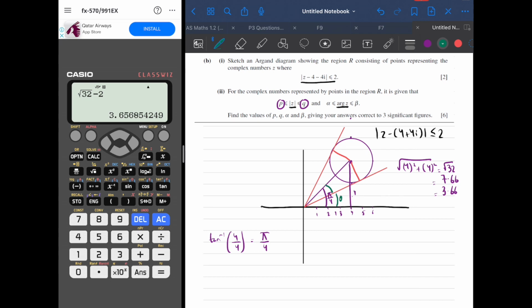Can I find this easily? Let's see. My modulus was square root of 32 and my radius was 2. Let's make this triangle here. So this is square root of 32, this is 2, it's a right angle triangle. Now, let's find out the angle. So before that, let's convert that to degree.